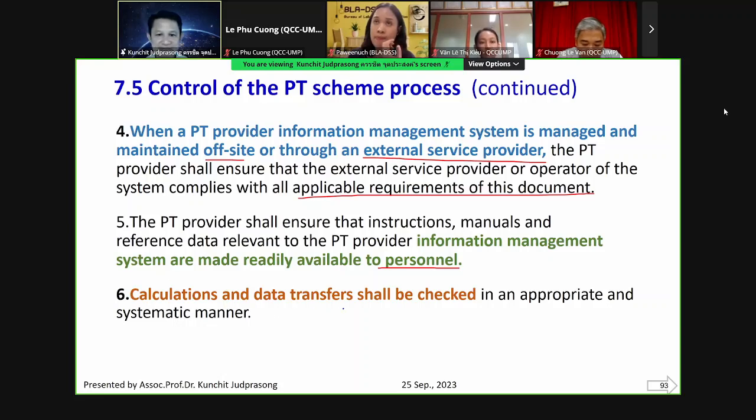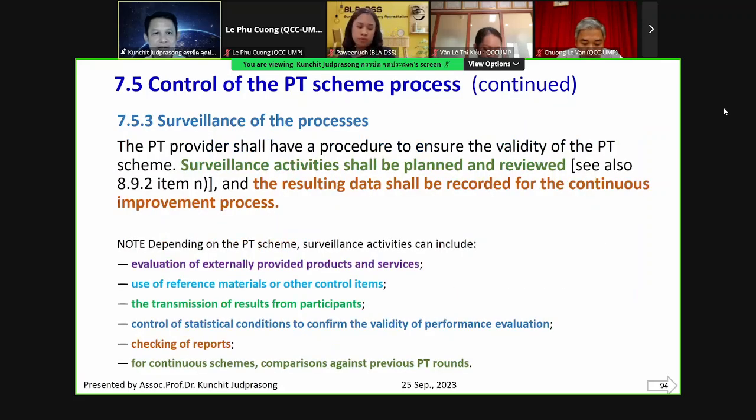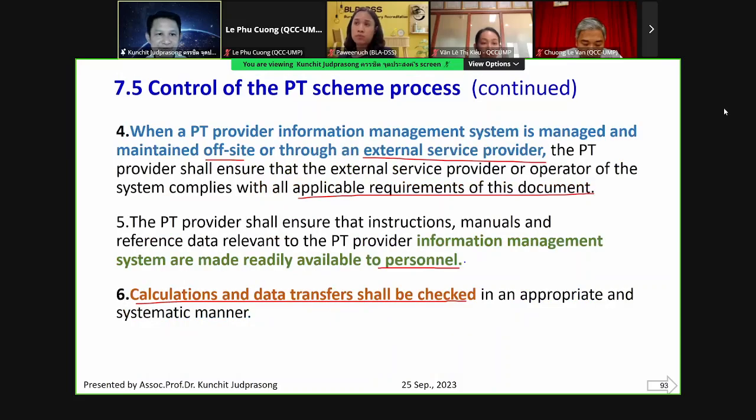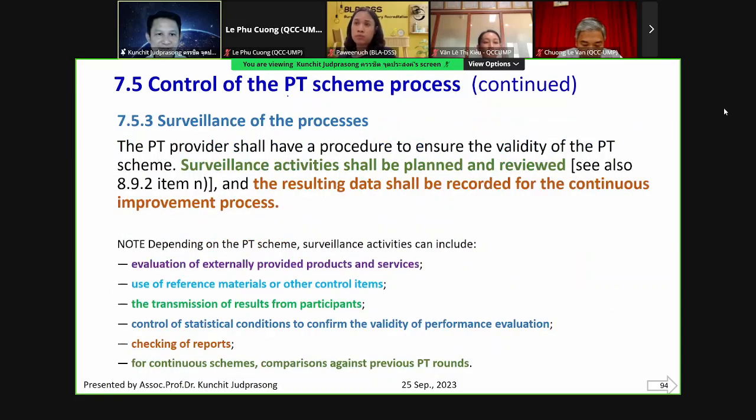Calculation and data transfer shall be checked in an appropriate and systematic manner. This is the key. This is in terms of the management system, but in the records you also do the same. You have to have the record form to check calculation or data transfer. Okay. Do you have any questions?